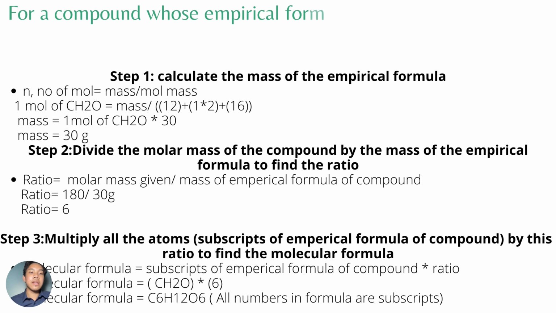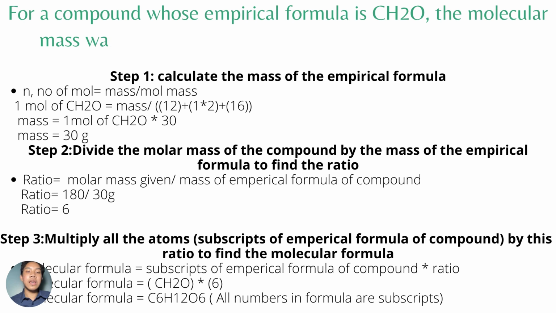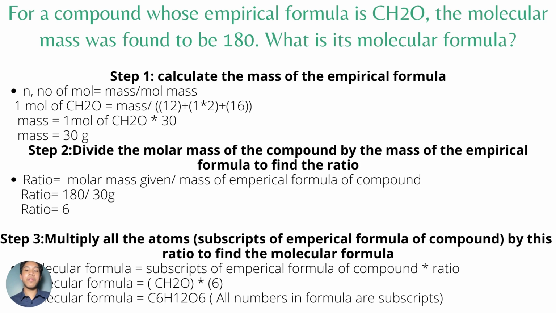Okay, here is an example question. For a compound whose empirical formula is CH2O, the molecular mass was found to be 180. Usually in the questions, they will provide you with the molecular mass, right? So what is its molecular formula? So step 1, calculate the mass of the empirical formula. Okay, not molecular, empirical formula.